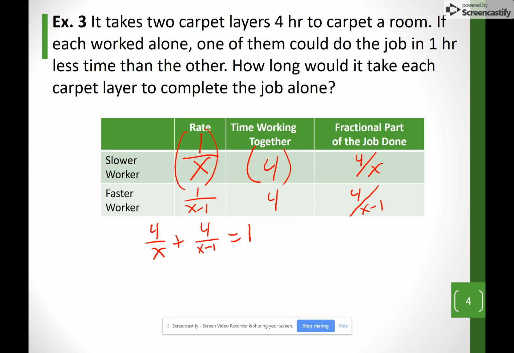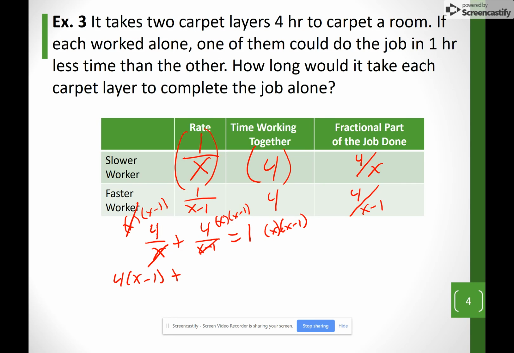All right, let's multiply everything by x and by x minus 1. On my first fraction, the x's cancel out, so I'm going to have 4 times x minus 1.